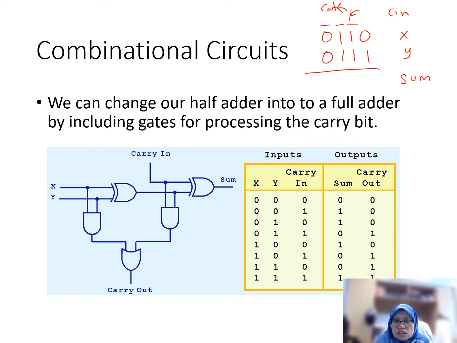We can derive the SOP expression for the sum and also the carry out, simplify it using Boolean algebra or the K-map, and after that, we can draw the circuit. The circuit can be a little bit different, but if it gives the same truth table, then it is correct.